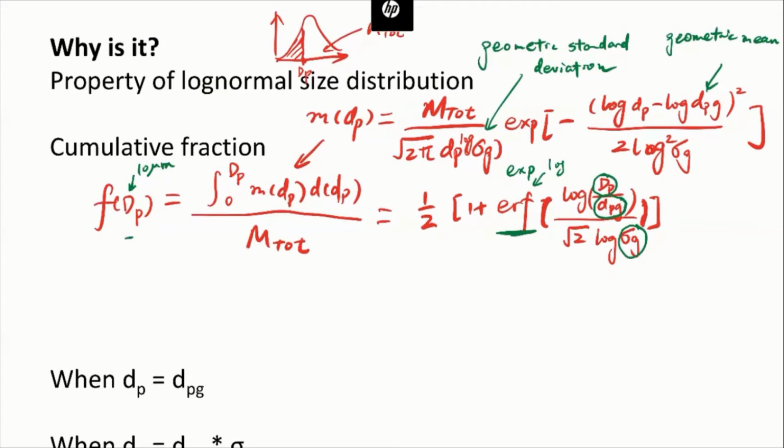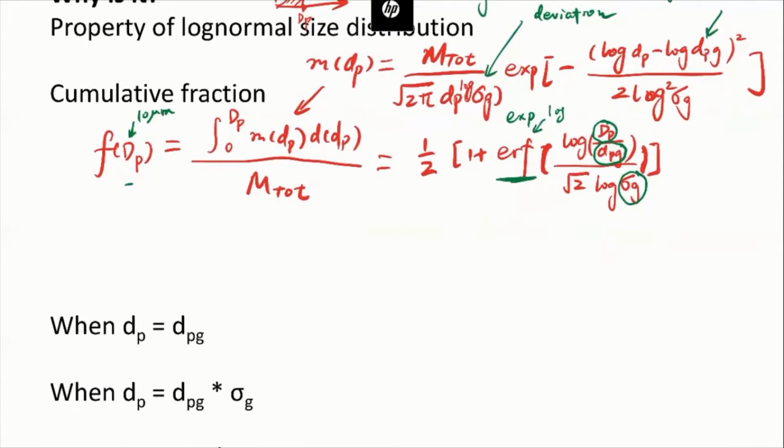But one thing we can know for sure is that it is quite special under 3 conditions. For example, when Dp is equal to dpg, then we know that the log term will become log 1. So basically this cumulative fraction will become 1/2 times 1 plus the error function of log 1 divided by something in the denominator.